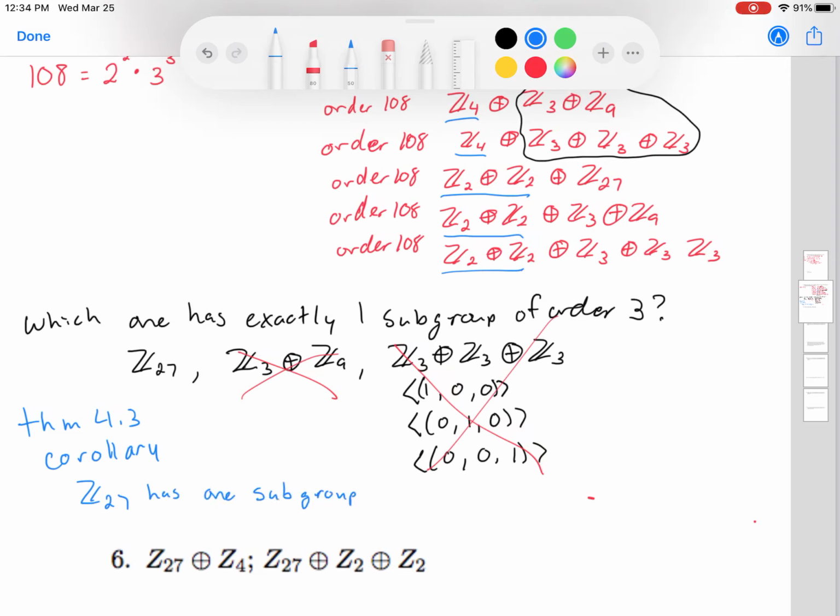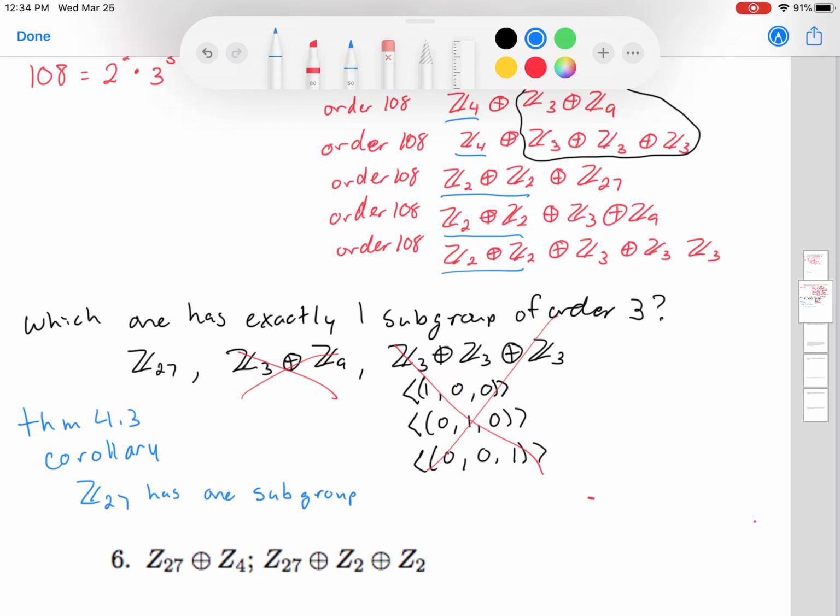And so we specifically need to have here one of our options where we had Z27. Whew, I can't read today. So we have Z4 external direct product Z27, or our other option is Z2 external direct product Z2 external direct product Z27.